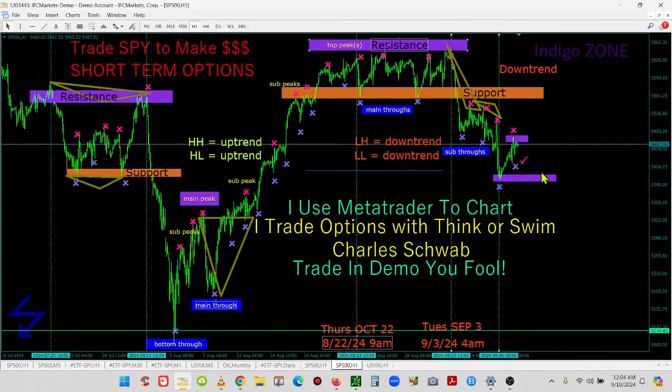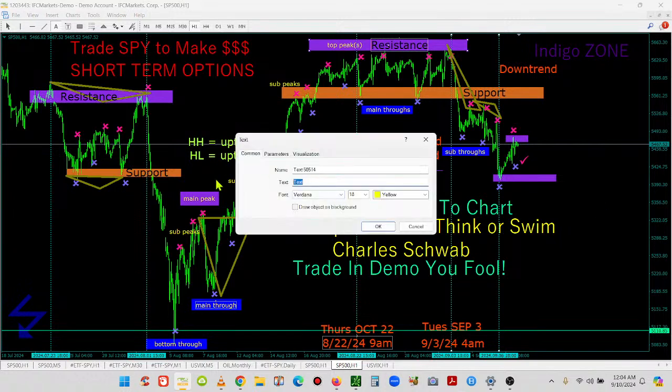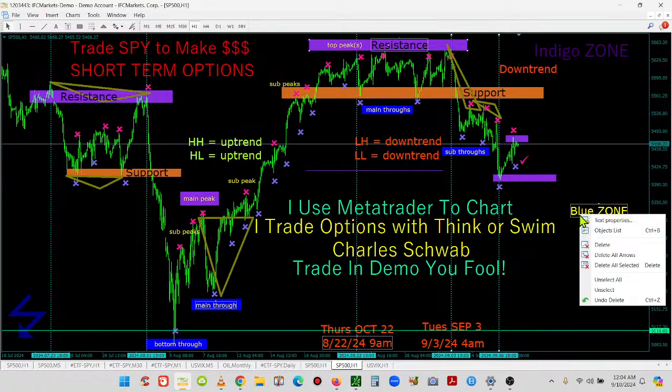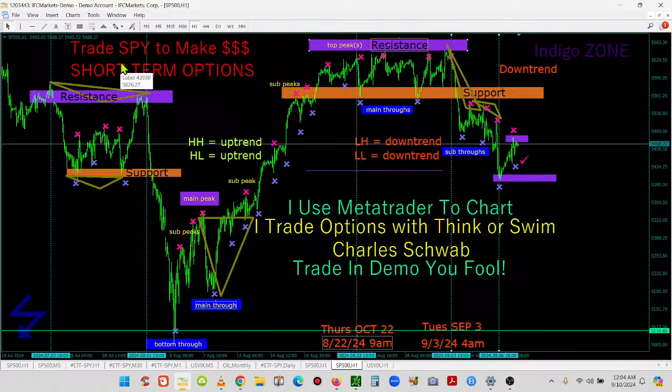Indigo. And then if you want it to go in the blue zone, don't ask me questions. I swear I'm very creative and I will figure this out in my own way.